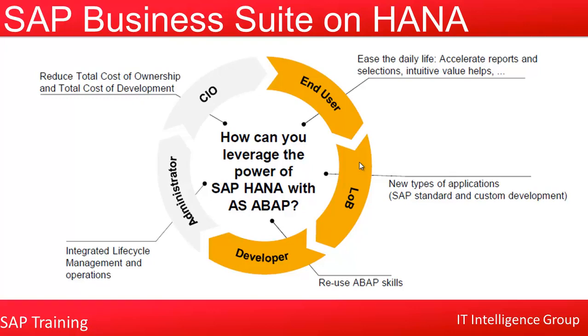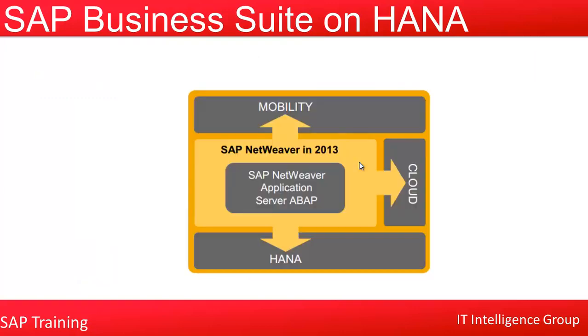First, once the migration is done, you need to figure out what needs to change. Here you can see your NetWeaver ABAP layer. This layer remains the same; the only thing is that it is using HANA.